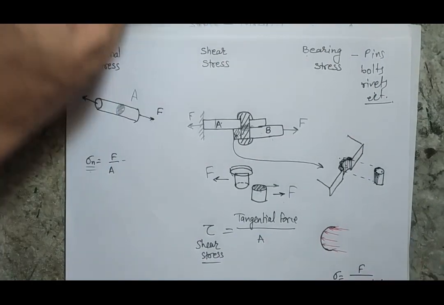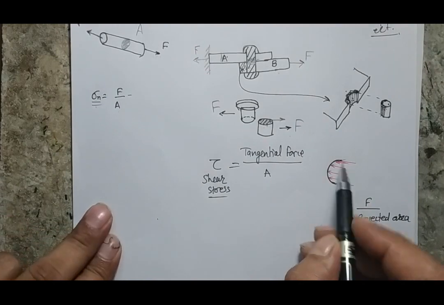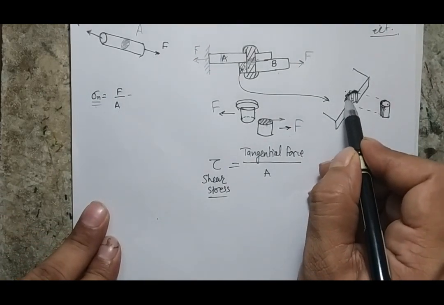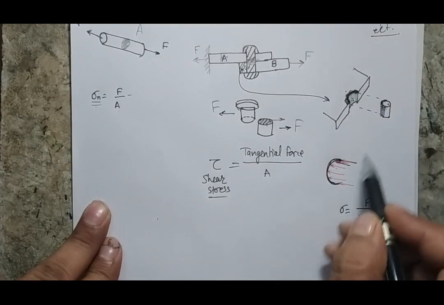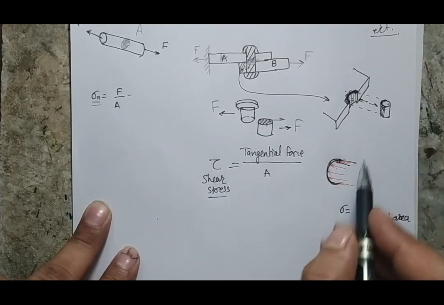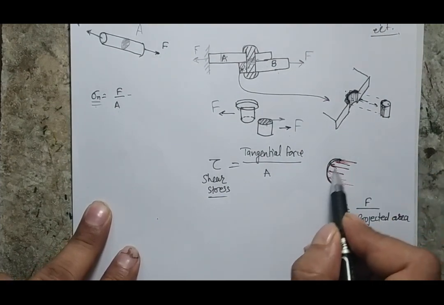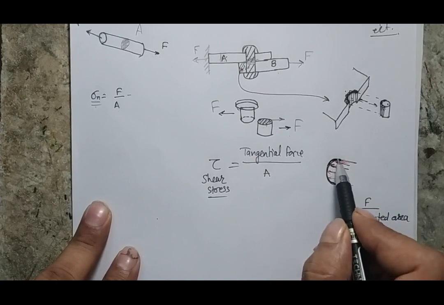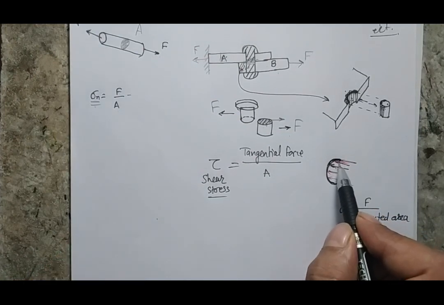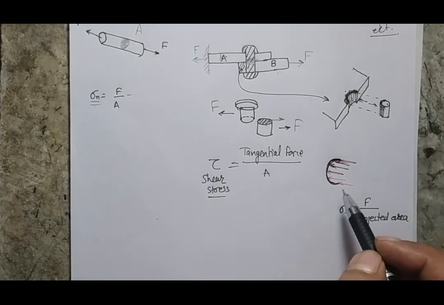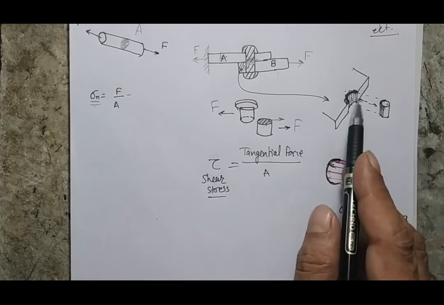If we look at the loading condition, suppose this is your semicircular section, and I am applying a normal force because there will be mutual reacting forces at this interface. All the forces are acting on this surface, but if you look carefully, not all the forces are perpendicular to the surface of the plate, and at the same time, not all the forces are tangential to the surface of the plate.